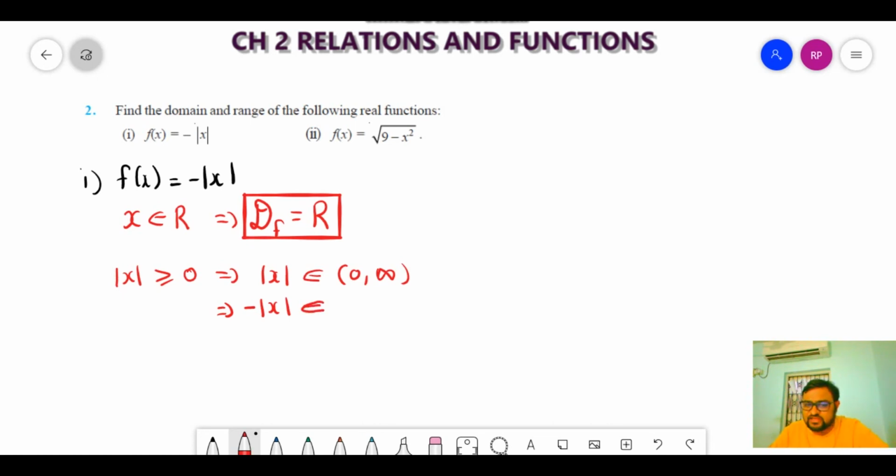If it is 0, then the answer will be 0. So in this case, it will be minus infinity to 0. Here also it will be a close bracket, right? So the range of the function here will be equal to minus infinity to 0. Clear? So this was only the first part, so just note it down.